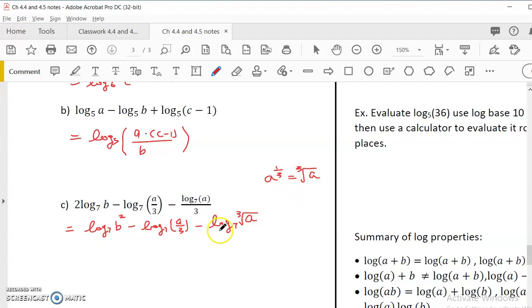Right now we moved everything so it's log, log, log. Now we can combine them. Both are subtraction. That means you have log base 7, you have to do divide. So the top would be b, right? Oh, b squared. They are both subtraction. That means they're all in the denominator. A over 3 times. Why do I do times?